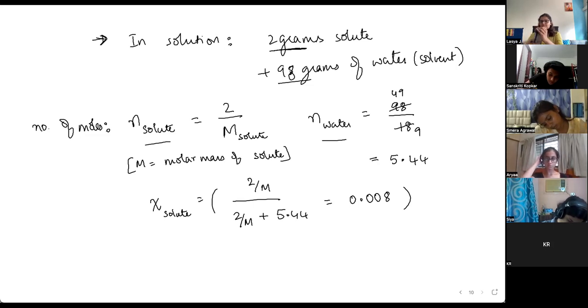Can we do another numerical after this? Yeah, sure. Would it be easier for you if you had a direct formula for molar mass? The derivation follows the same method, but there'll be a lot more variables. So if you want, I'll give you that. Otherwise, we'll stick to this and you can work this out as well.